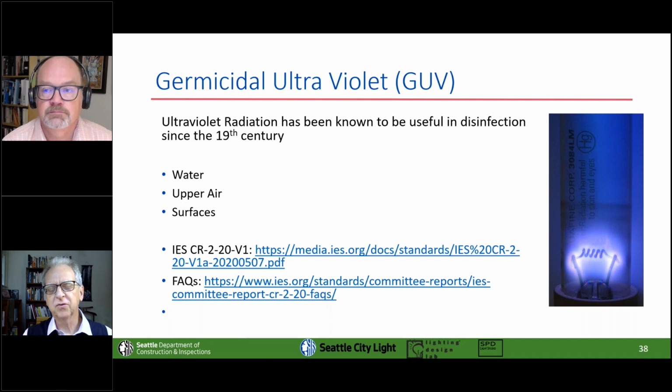I have seen them used in supplied ductwork so that all the air coming in is running past these lights.